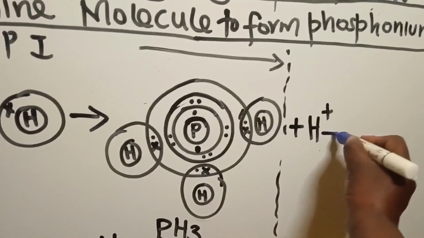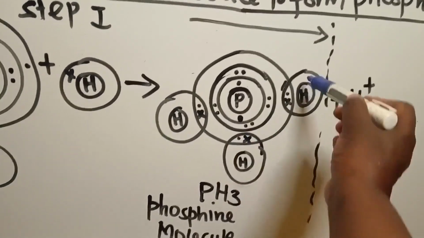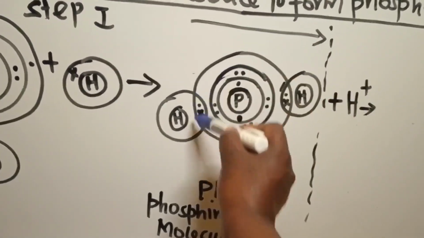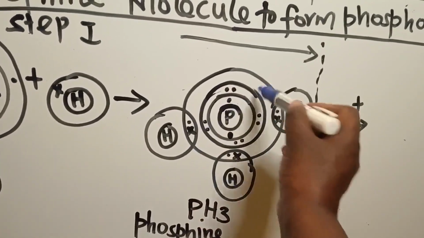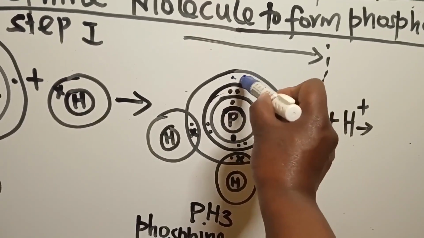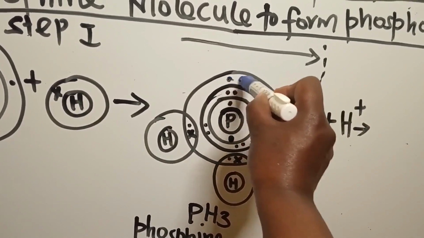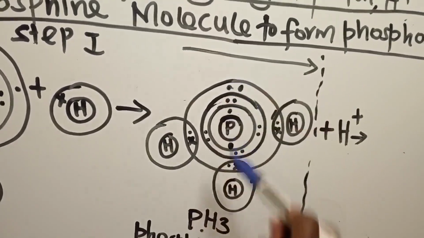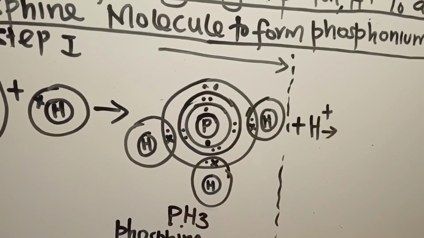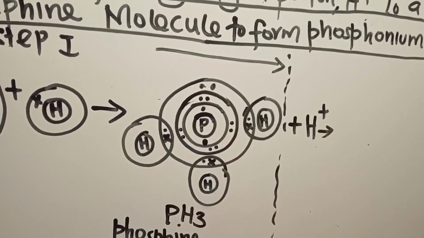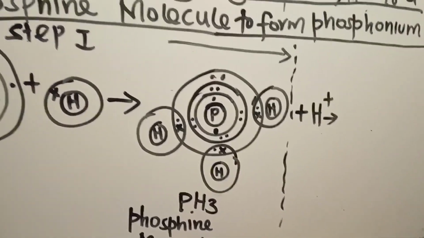And then what we form is all this. So again, we recopy the product here. And then up here, we had the lone pair of electrons. Up here, remember, is where we had the lone pair of electrons. That is where the hydrogen proton will be coming in to attach itself.